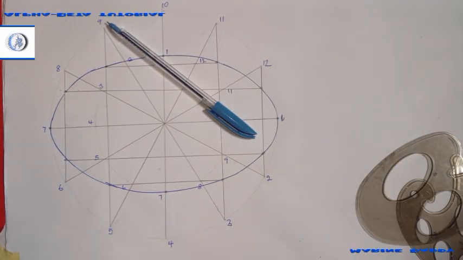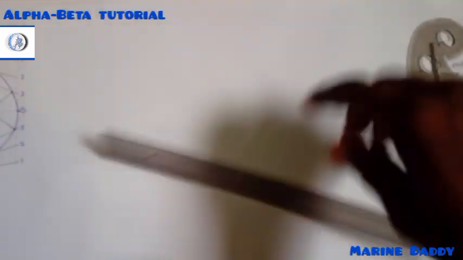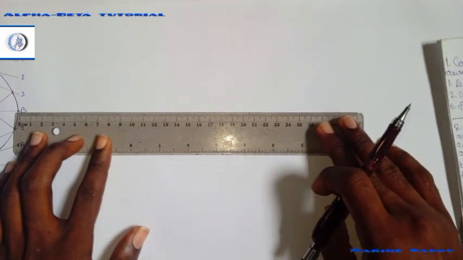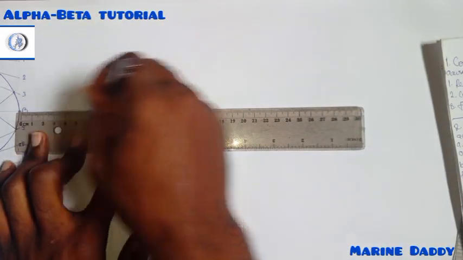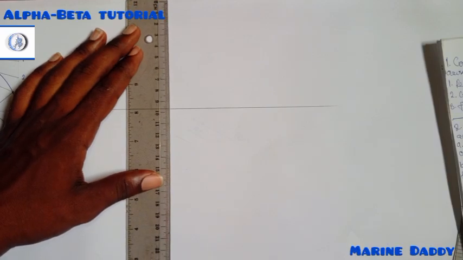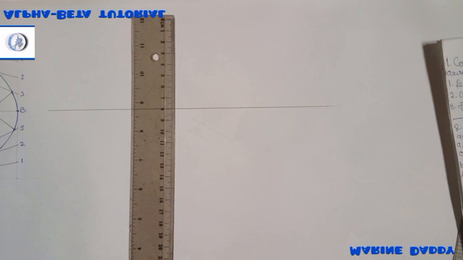So for focal points method, what you have to do is to draw a straight line, just a fence line. Please know the difference between fence lines and thick lines.